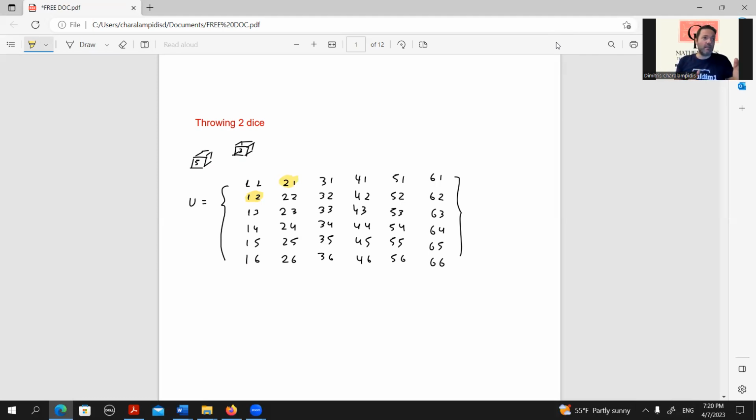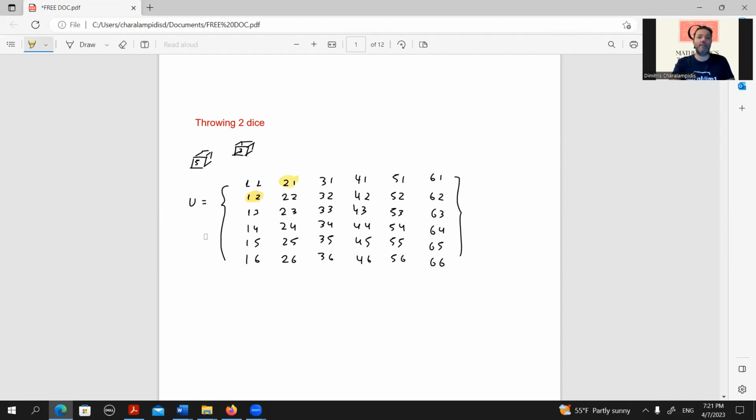Getting on the red the face of 1 and on the blue the face of 2, and in the other case, getting the opposite, so on the red the face of 2 and on the blue the face of 1, you clearly understand that we talk about 2 different cases. So yes, 1, 2, and 2, 1 are 2 different options, and overall we expect to have 36 different pairs of outcomes.